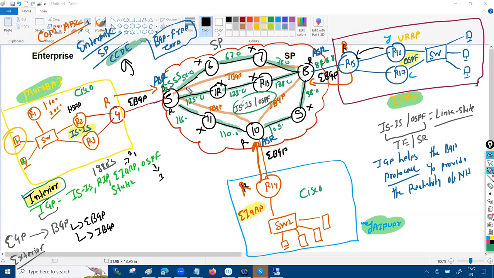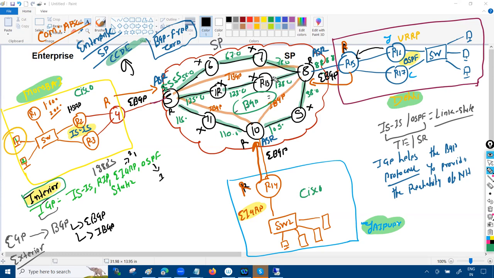So you may have a question: can I provide the reachability with the help of the BGP protocol? Instead of running IS-IS and OSPF, can I run internal BGP to advertise all these links into the BGP protocol?